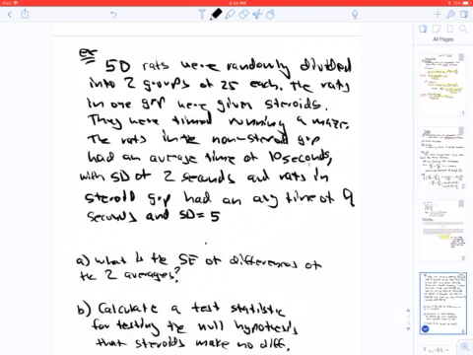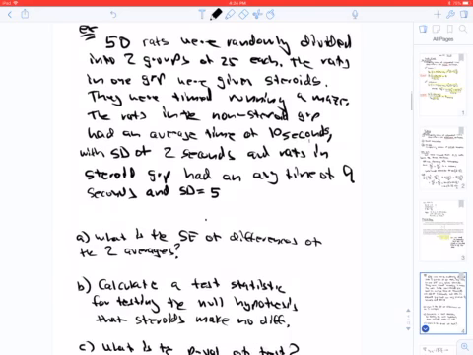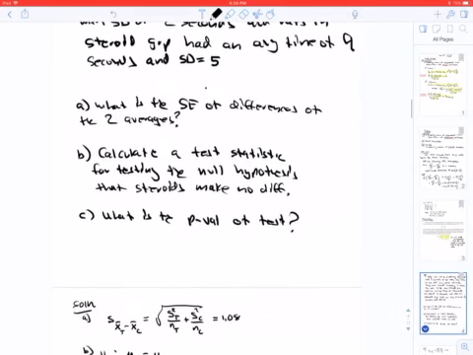The rats in the non-steroid group, or the control group, had an average time of 10 seconds with an SD of 2 seconds, and the rats in the steroid group had an average time of 9 seconds with an SD of 5. So we can see right away that the SDs are different. We are going to be in the second category now, where variances are not assumed to be the same in the two populations.